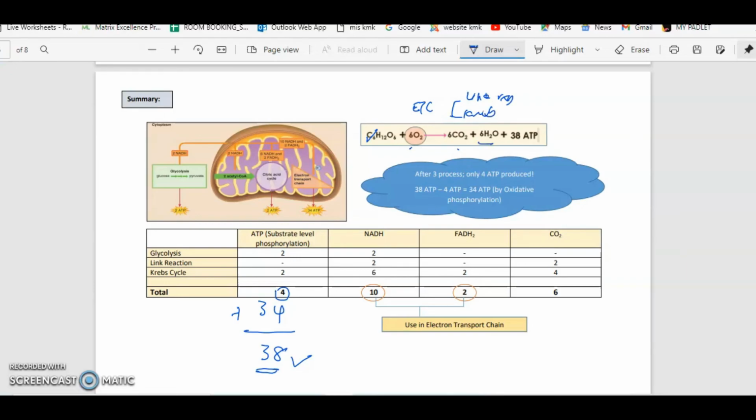Water is produced in ETC. And the 38 ATP are produced: 4 by substrate level phosphorylation, which is 2 from glycolysis and 2 from the Krebs cycle, and another 34 come from oxidative phosphorylation. Oxidative phosphorylation involves 10 NADH and 2 molecules of FADH2. So settled. That is the explanation for aerobic respiration.